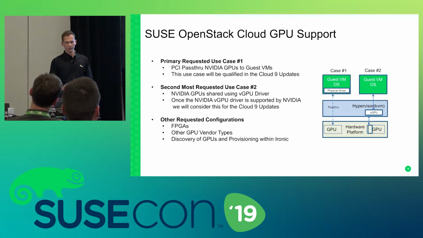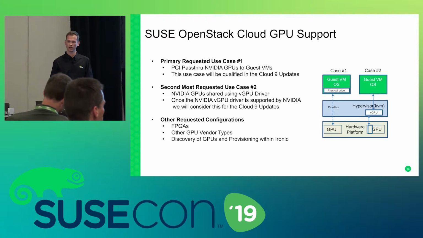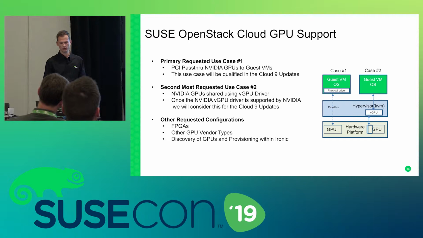A next update we are working on already is GPU support for SUSE OpenStack Cloud. There we're looking at two use cases. The primary use case is that we want to provide PCI pass-through for NVIDIA GPUs.